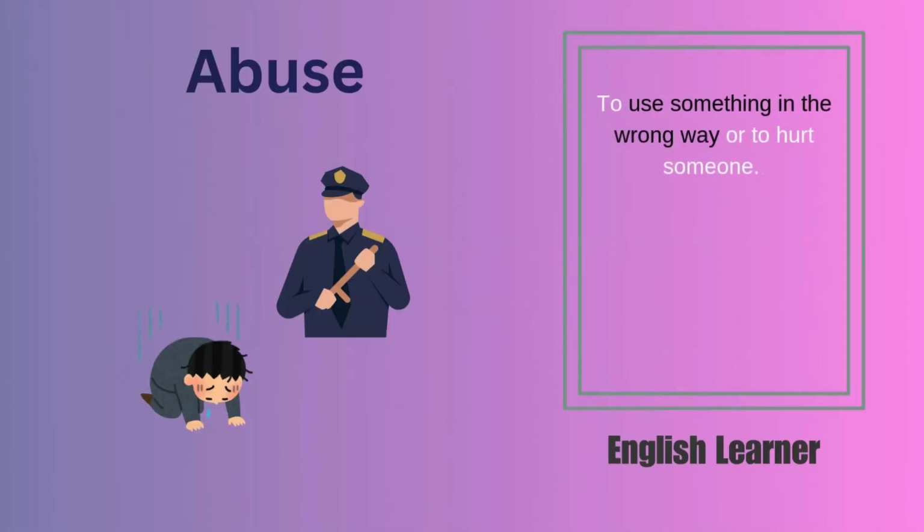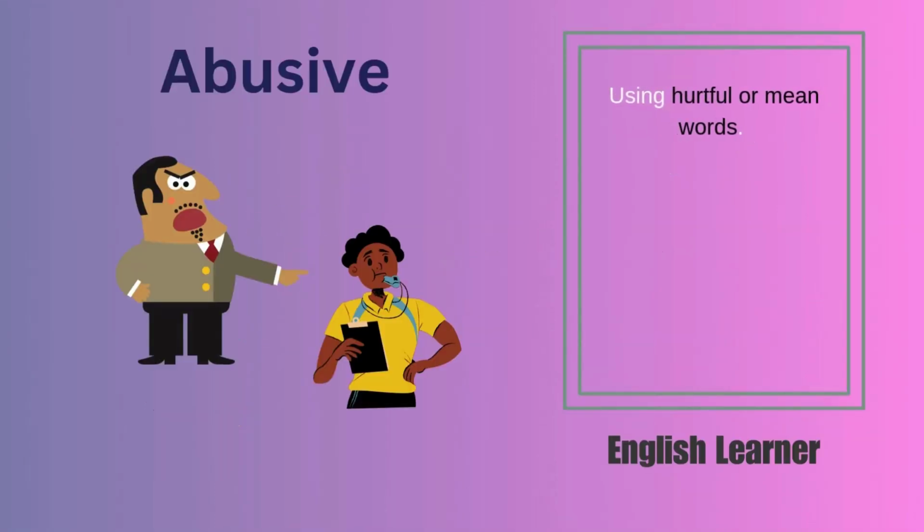Abuse. To use something in the wrong way or to hurt someone. Example. He was accused of abusing his power. Abusive. Using hurtful or mean words. Example. The coach was fired for using abusive language toward the players.